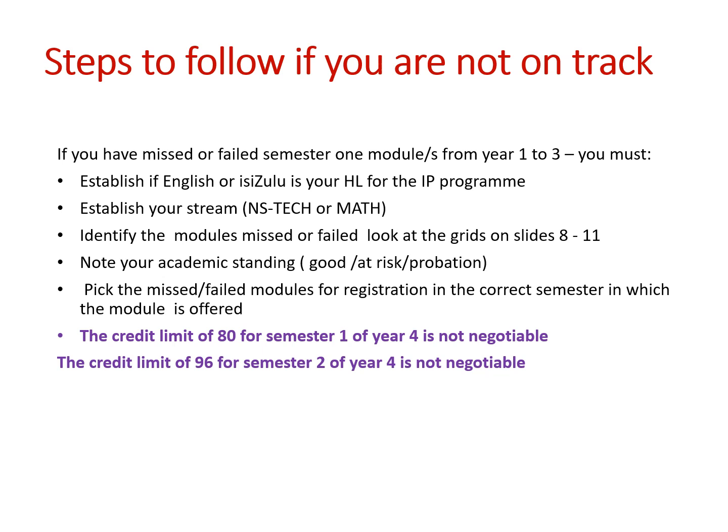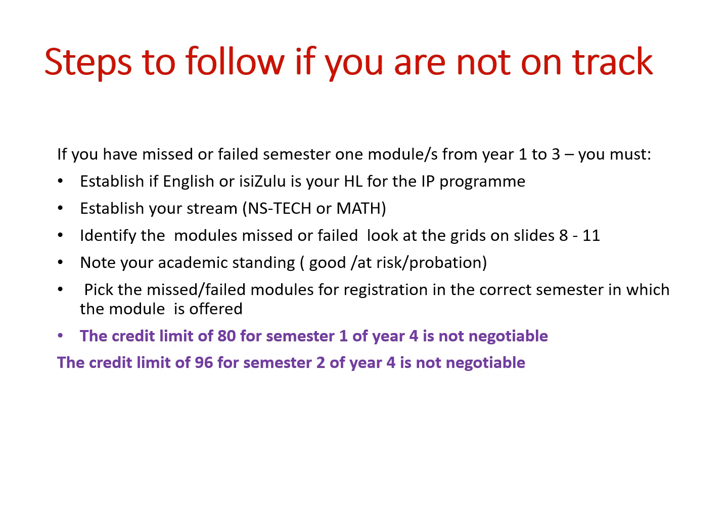It is important to note your academic standing. Is it good? Are you at risk? Or are you on probation? Because your academic standing impacts the number of modules one can register per semester.